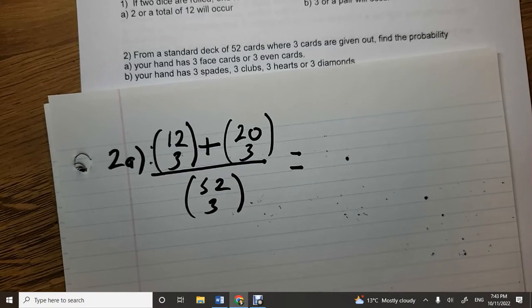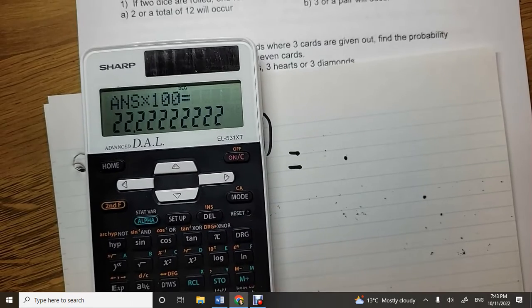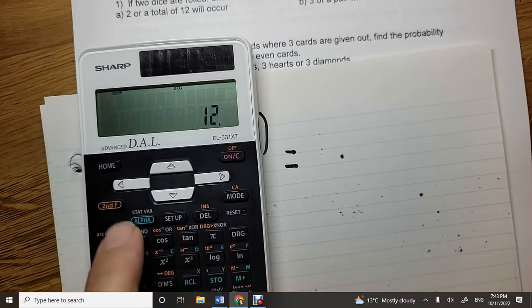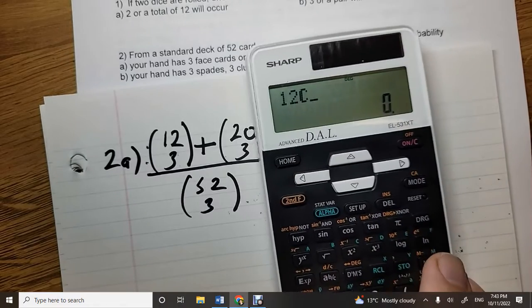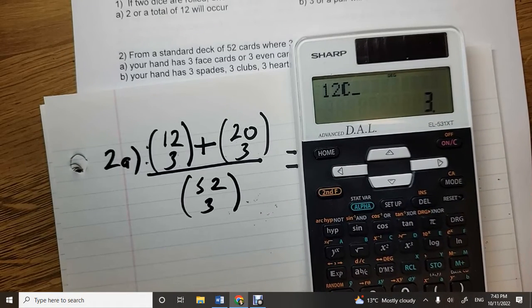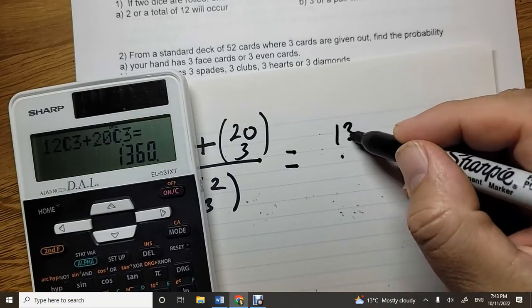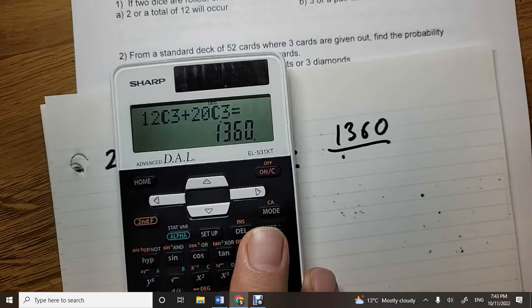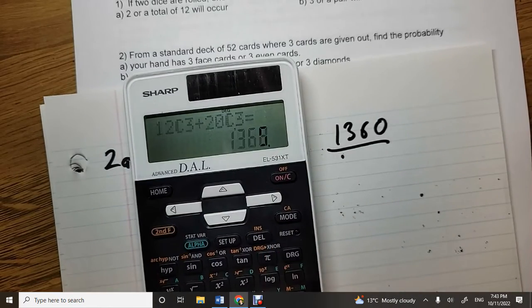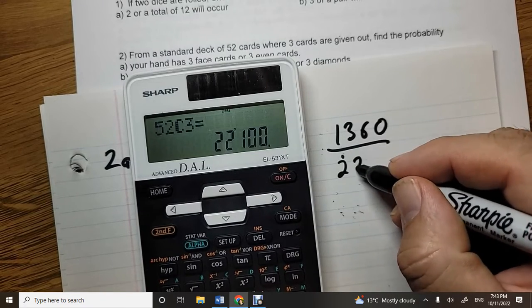So we're going to enter this into our calculator, so you guys can do it at the same time as me. You can do 12 choose 3, plus 20 choose 3, and you'll get an answer of 1360. And then you find the bottom, so you do 52 choose 3, and you get 22100.